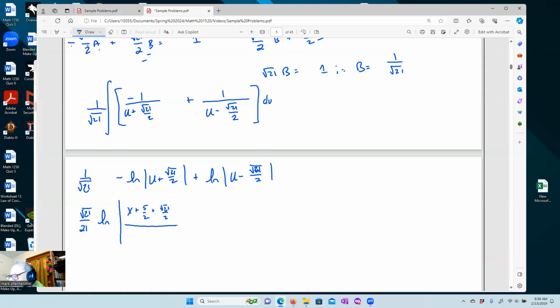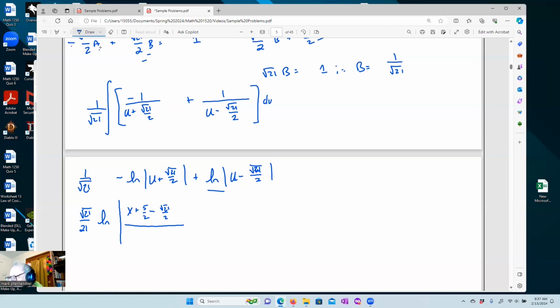And then we're going to have on the bottom, sorry, that's a minus right here. That's a plus. Let me redo this first. Here we go. We have u minus, there we go.